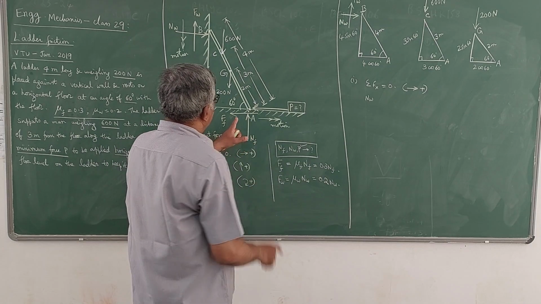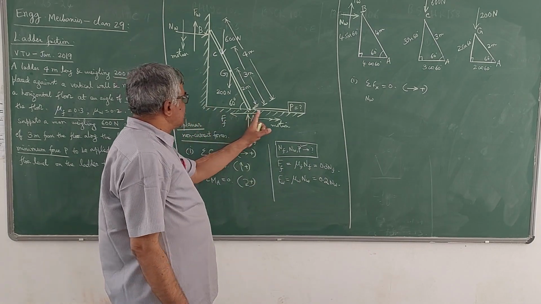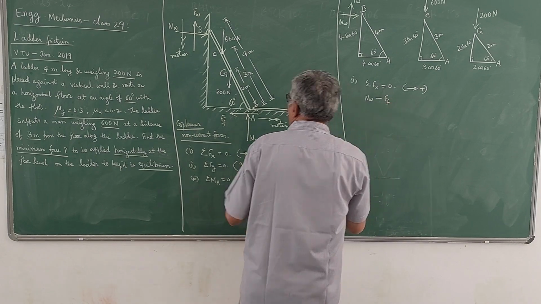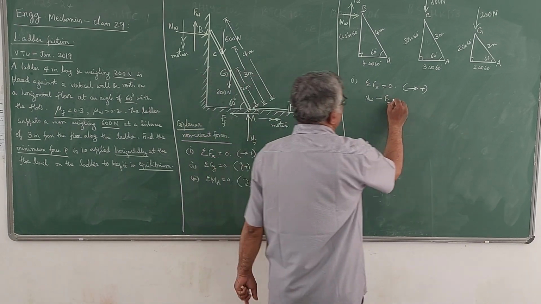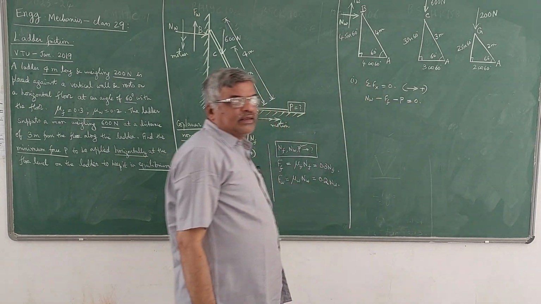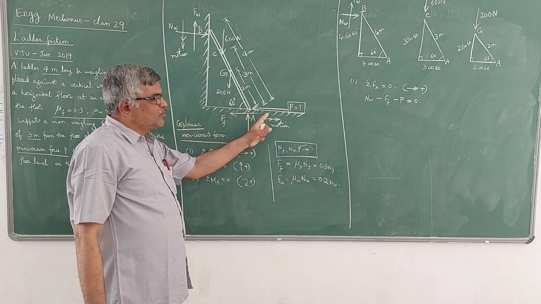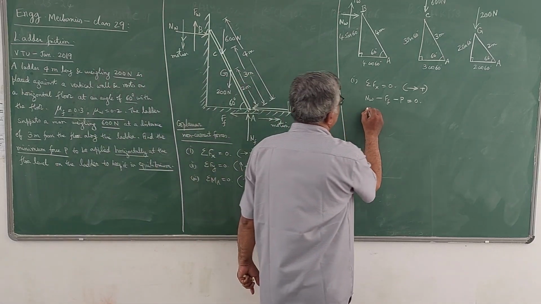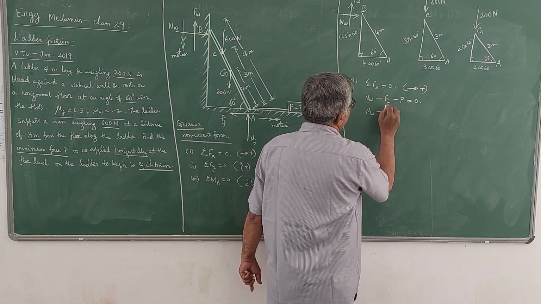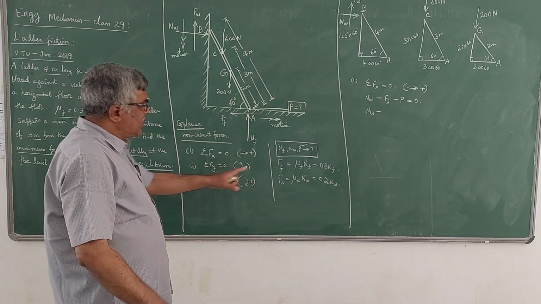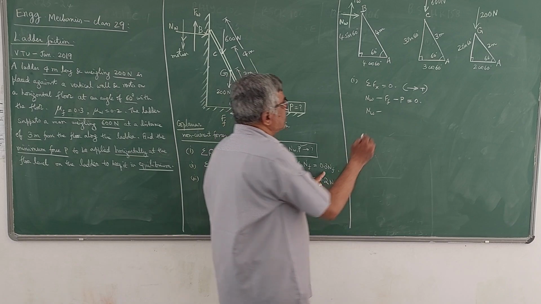Then FF is acting towards left, so it becomes minus FF. Then P is also acting towards left, minus P. So P should be applied in the direction opposite to the direction of motion of the ladder. That you should note down. Here this equation can be written as NW minus FW, FF can be written as, I have written here, 0.3 times NF.